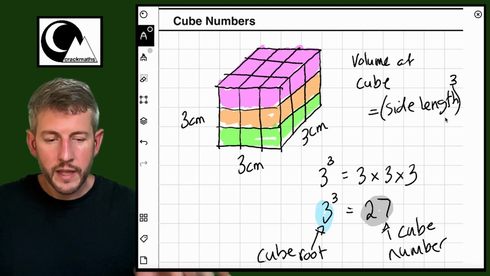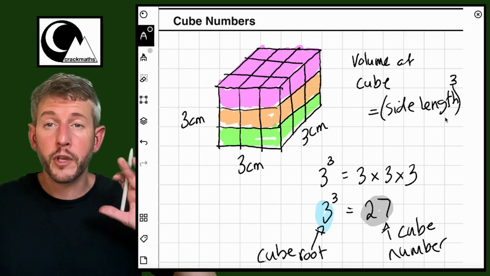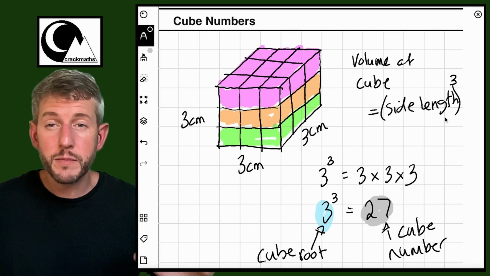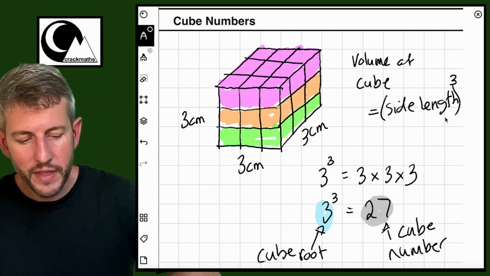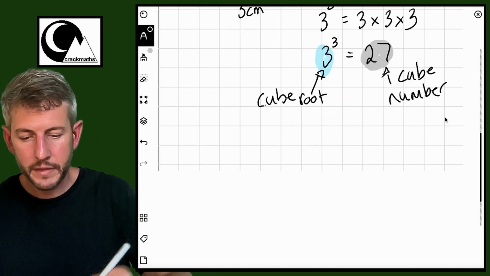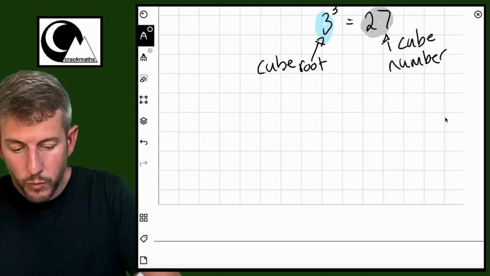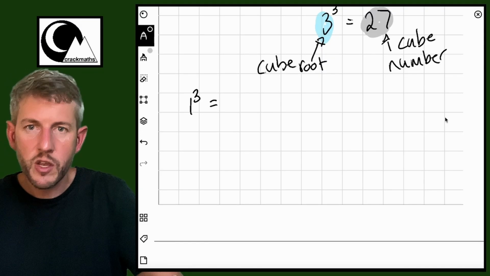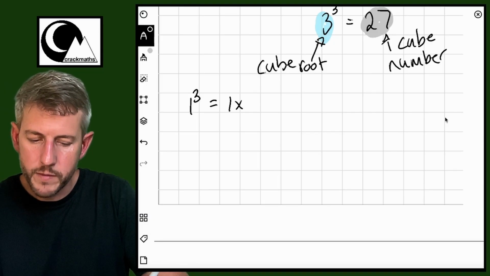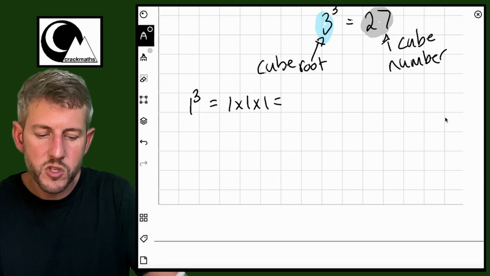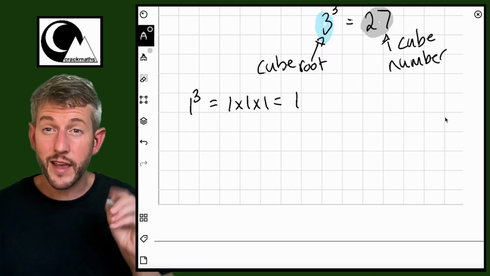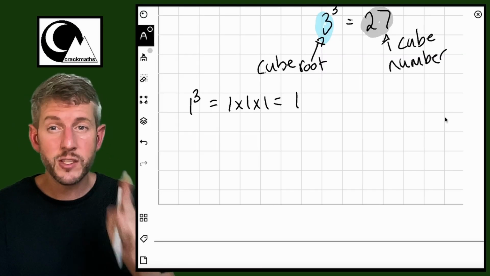So let's work out the cube numbers that we need to know. We don't need to know as many cube numbers as we do square numbers, but there's a few that we need to know off by heart. The first cube number comes from 1 cubed, which gives us 1 times 1 times 1, which gives us 1. So 1 is a cube number and a square number.